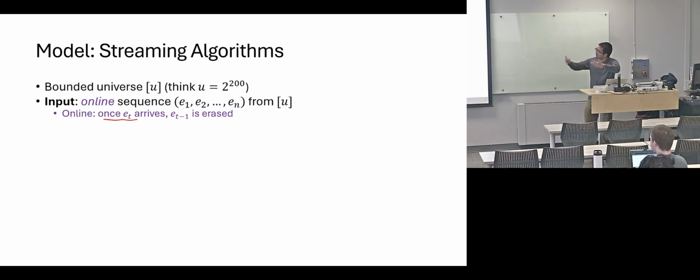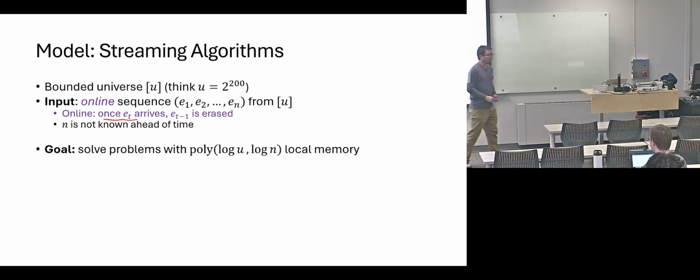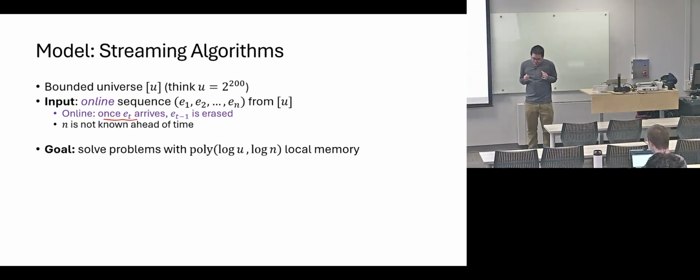You just see the stream of data going through you. And you don't know N, the number of elements, ahead of time. The goal is to solve some useful problems such that as you go through this stream of data, you use space polylog of U and N. So you have a big stream, but small local memory. How can you solve anything?